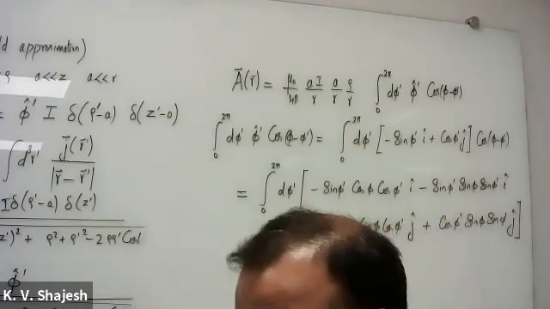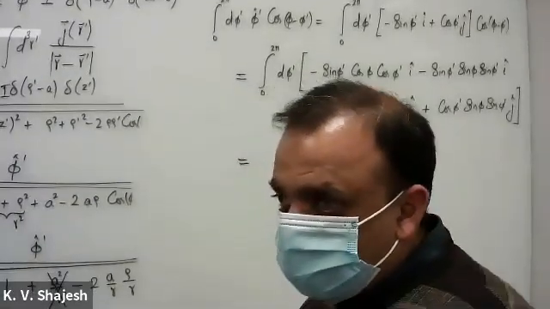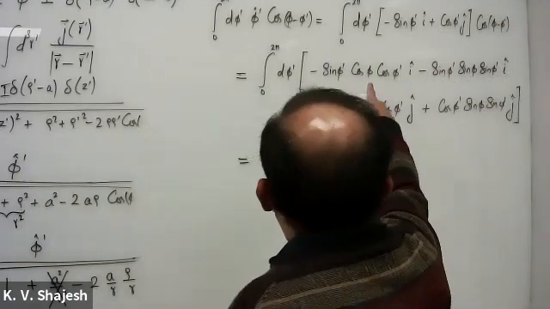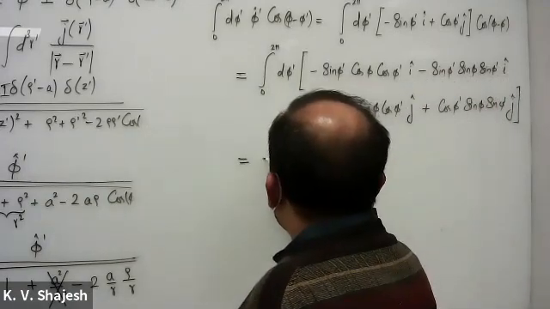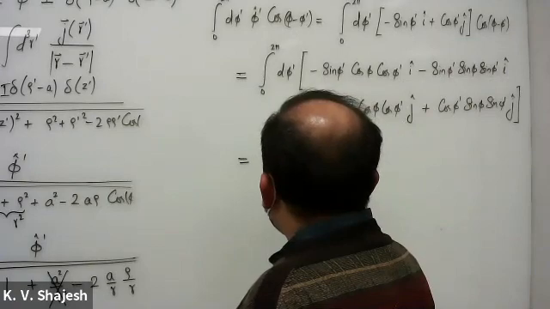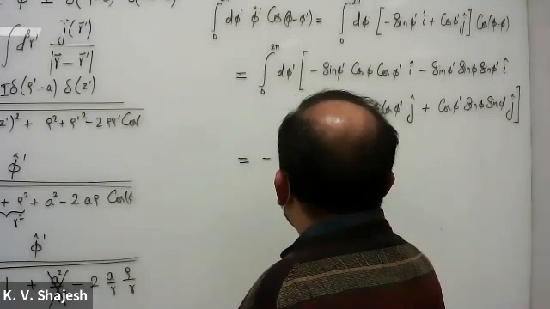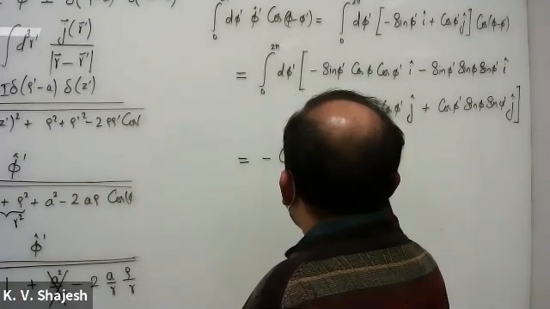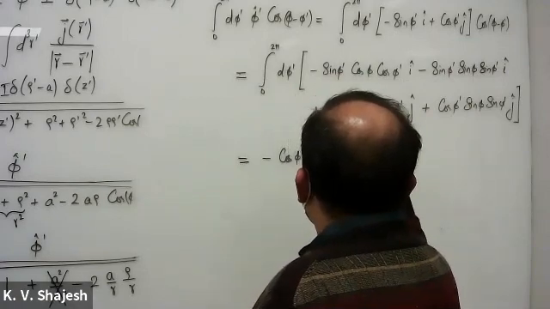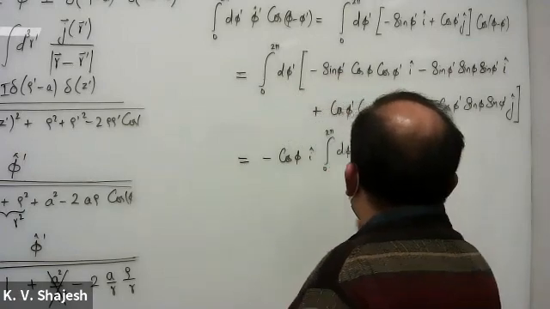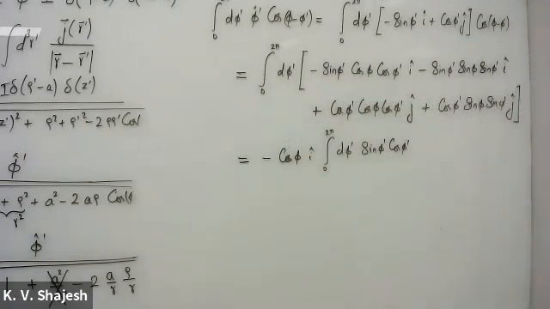Okay. That's equal to cosine phi can come out. That's minus cosine phi times I hat, and I have 0 to 2 pi d phi prime sine phi prime cosine phi prime. That's one integral.